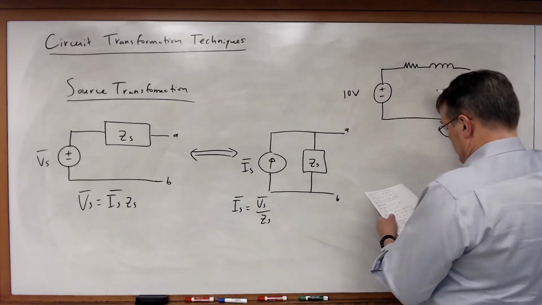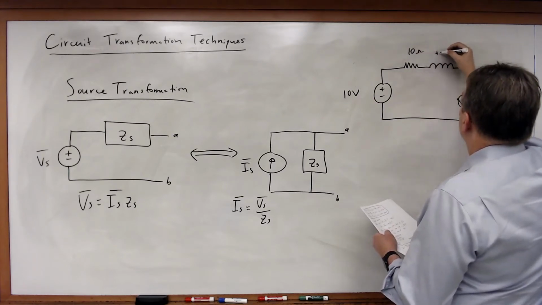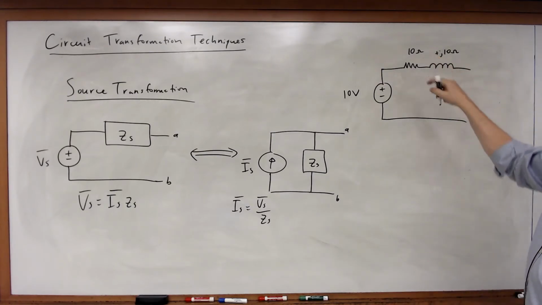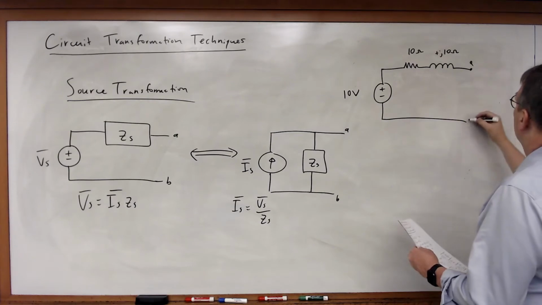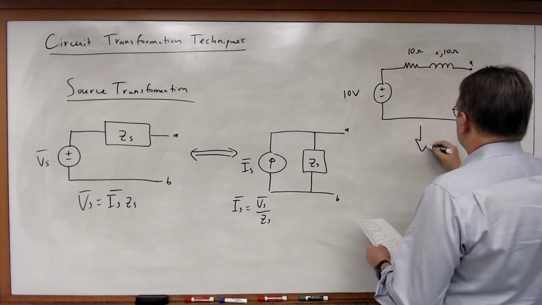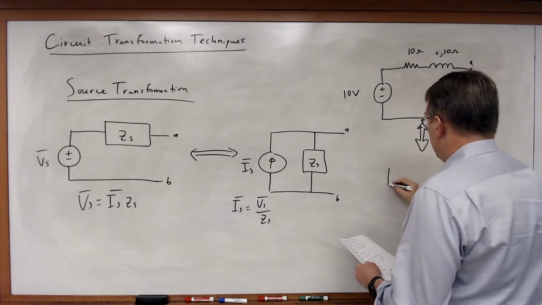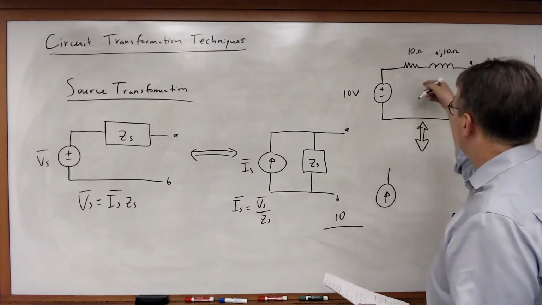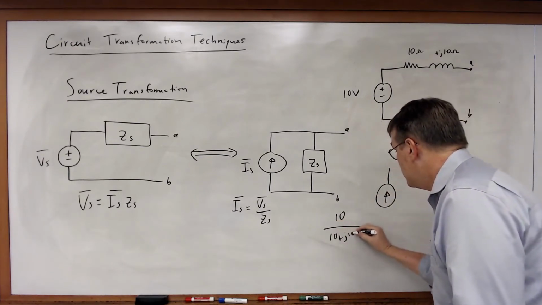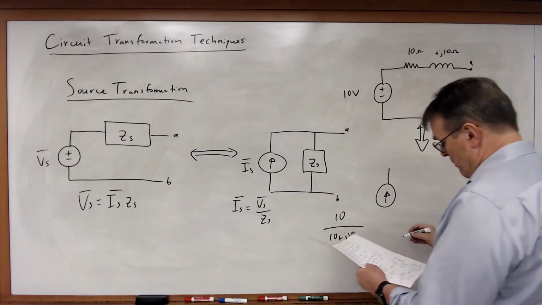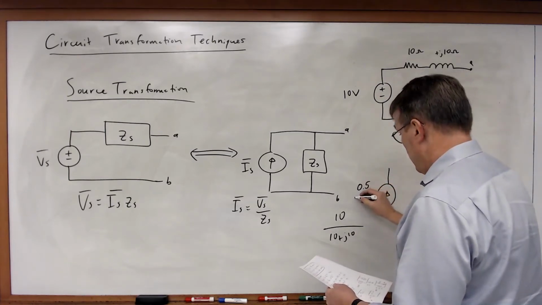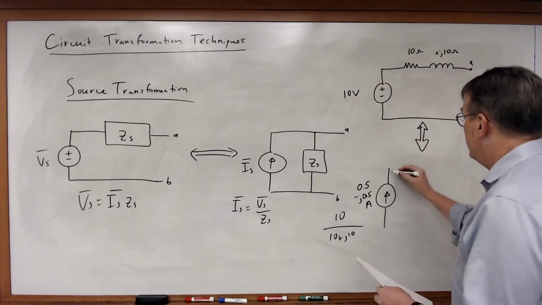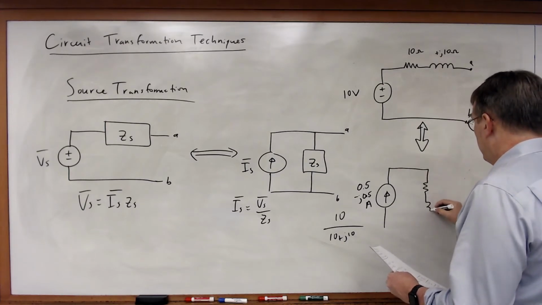And if I have that connected to a 10 ohm and a J10 ohm impedance, and notice that impedance has to be positive because that's an inductor, then I can show that this can be transformed such that I have a current source which is equal to 10 divided by 10 plus J10. And if I plug that into Mathematica, what I'm going to get is this is equal to 0.5 minus J0.5 amps. And then that'll be in parallel with my resistor and my inductor.